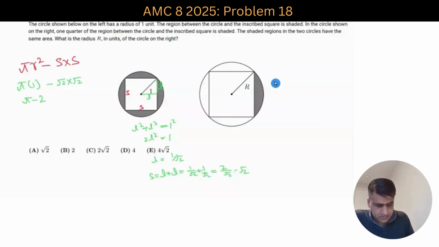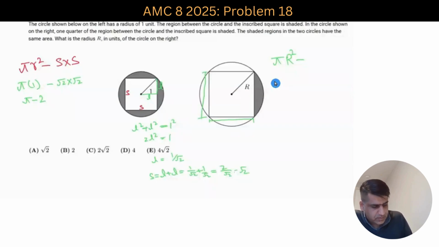So now let's do the same thing for the right hand side. On the right hand side we have pi r square, and then we are subtracting from there this square. First we can do for the whole, and then we can apply for this only region.